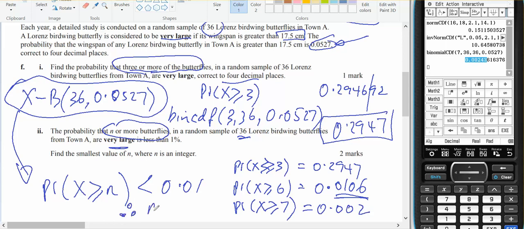Therefore, n equals 7 is the smallest value, because anything 7 or bigger, the probability is less than 1%, whereas if it's 6 or smaller, it's bigger than 1%. So that's question 4.